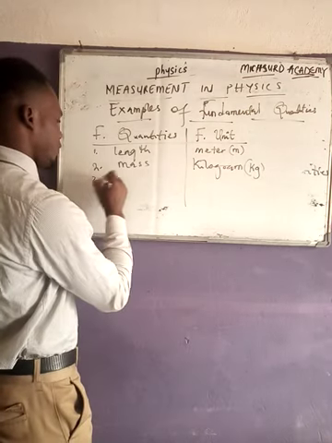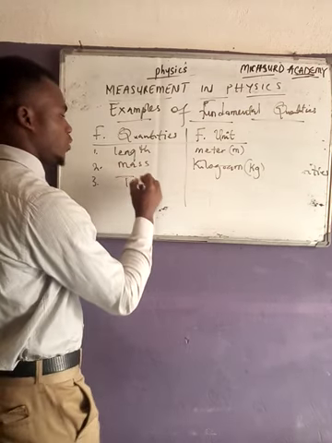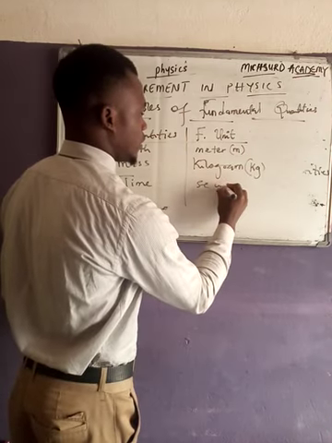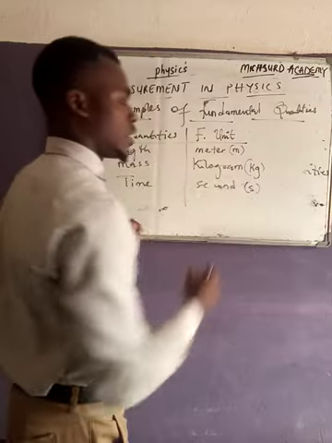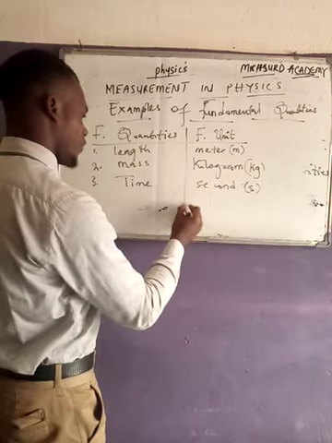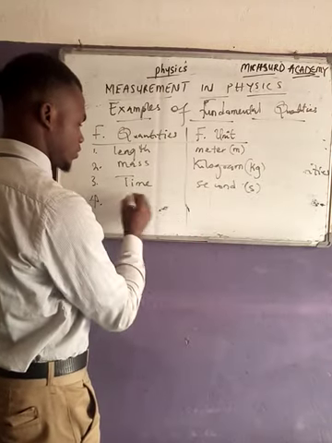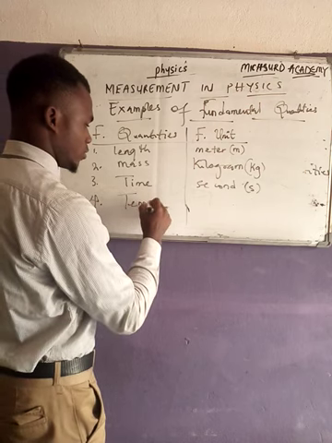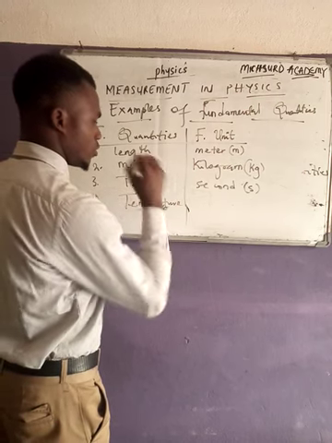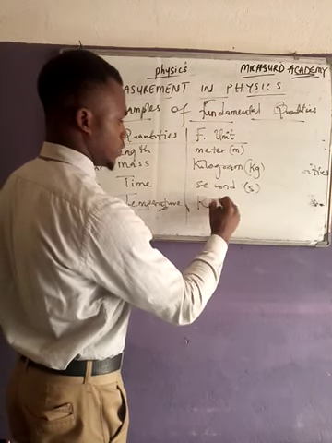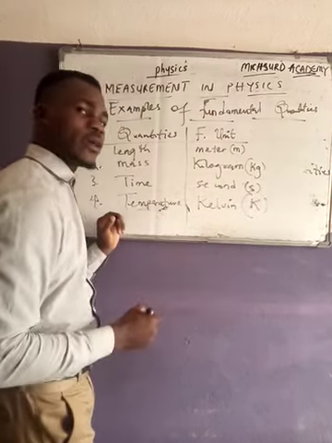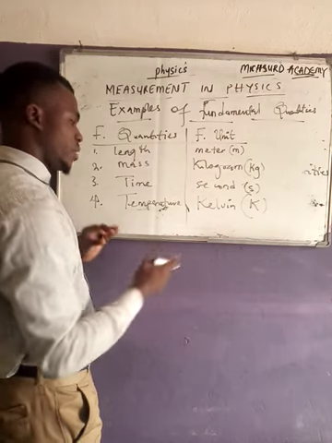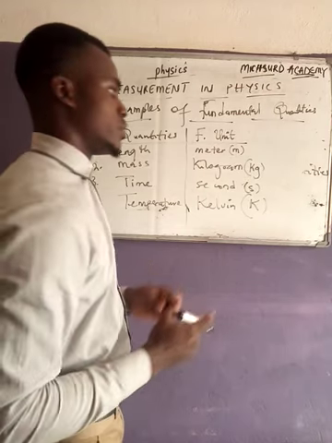Then we have time, which has its units in seconds, abbreviated as s. We also have, we just take 4 of 8, temperature, which has its units in Kelvin, abbreviated as K. Okay, so we have so many of them, your current and so on.